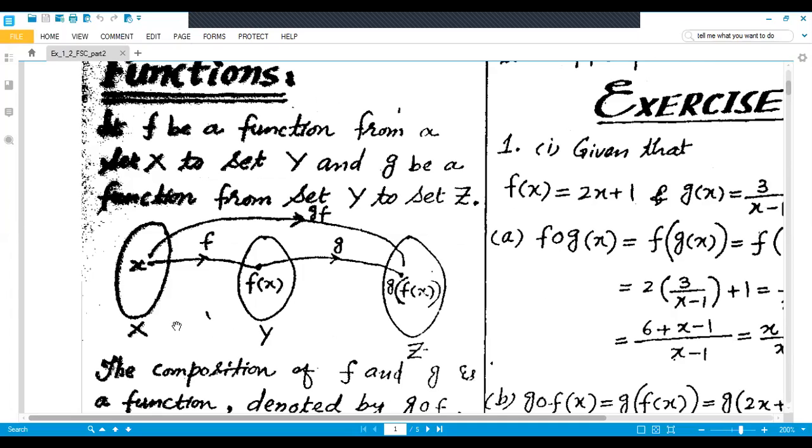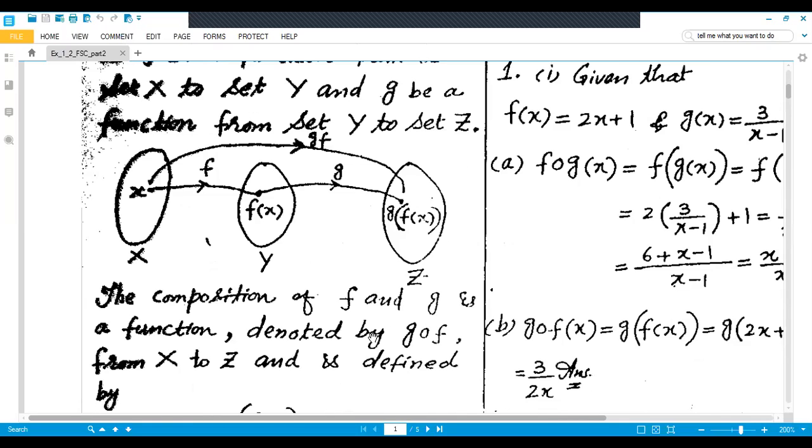Here we have two functions. So y is equal to f of x, and z will be equal to g of f of x. So the composition of f and g is a function denoted by g of f.